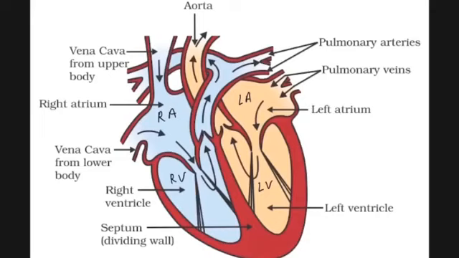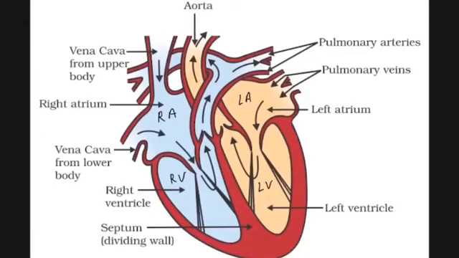Now there is something known as valves, which I missed earlier. You can see the right and the left atriums and the right and the left ventricles are separated by valves. These valves have a very specific function to prevent oxygenated and deoxygenated blood from intermixing.